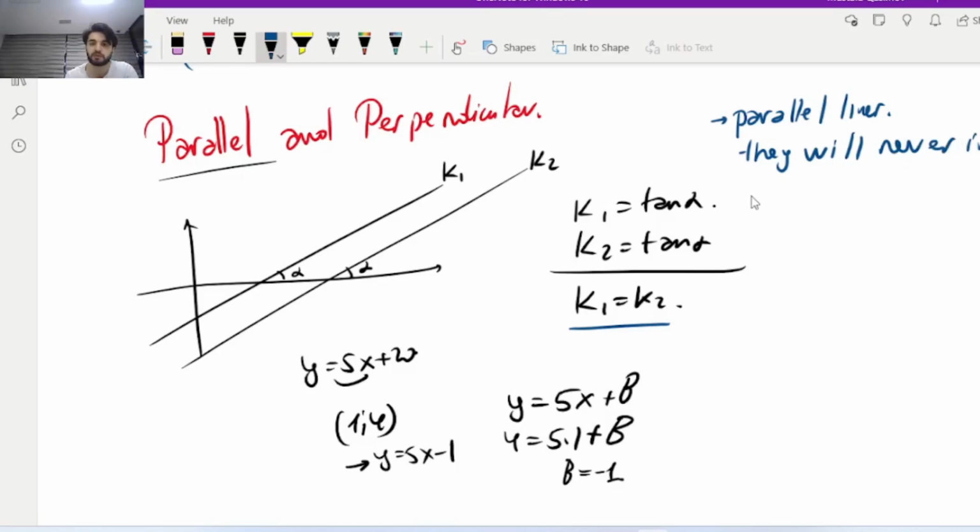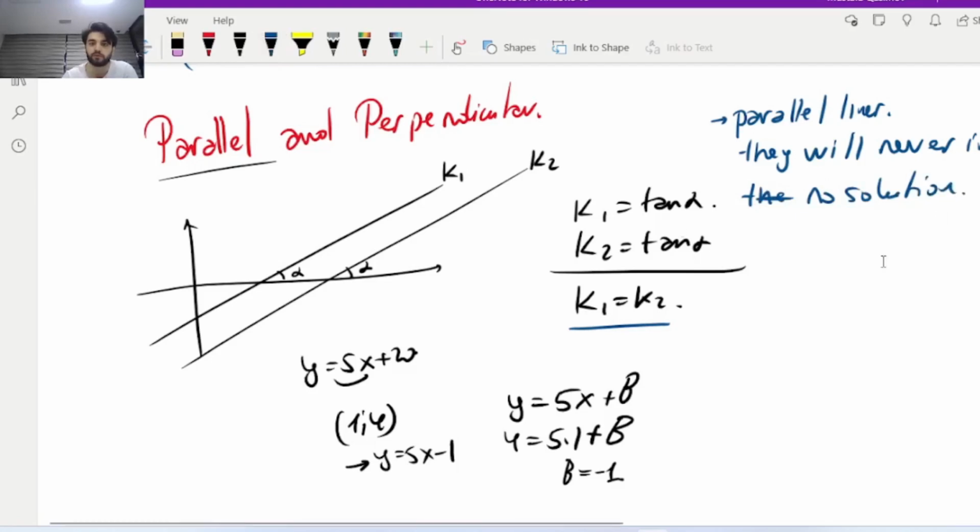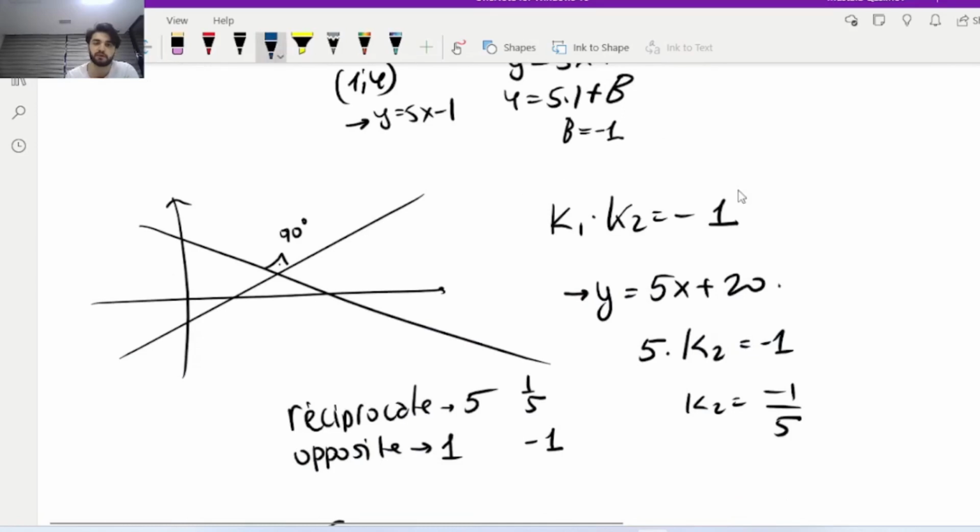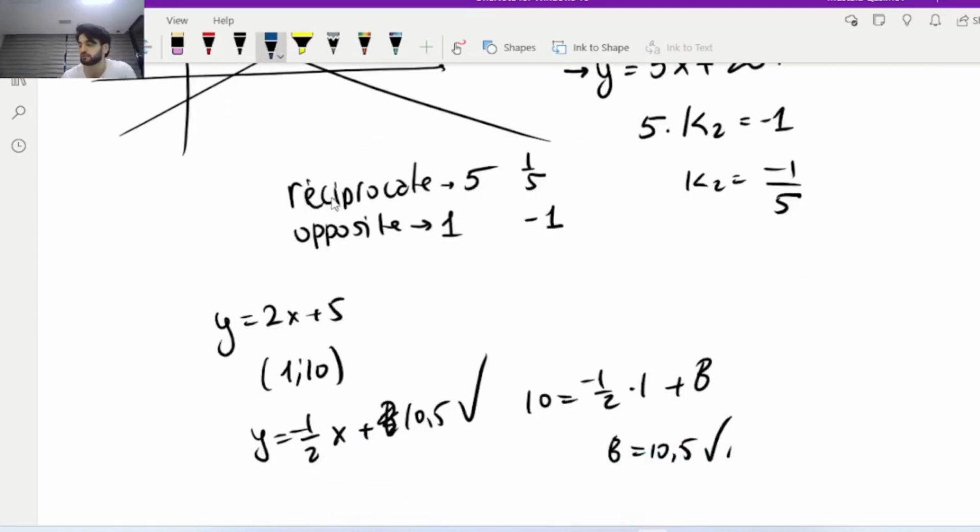Or you can see there is no solution for these two lines. Let's write just no solution. For the perpendicular one, it has to say perpendicular or intersect at 90 degrees. They are the same thing. Okay, it is all for linear functions.